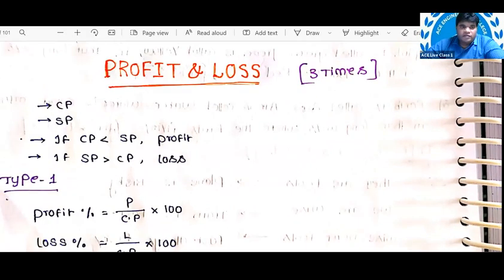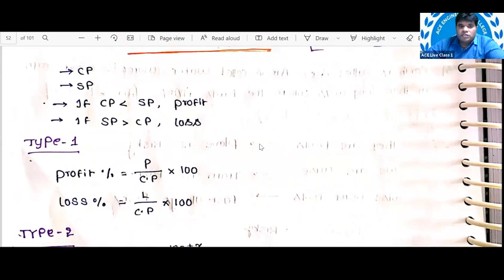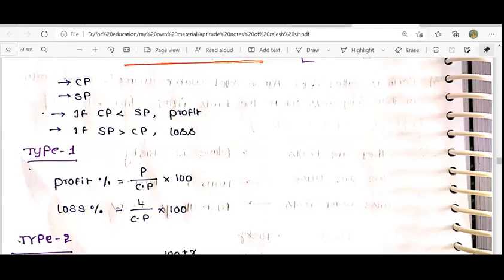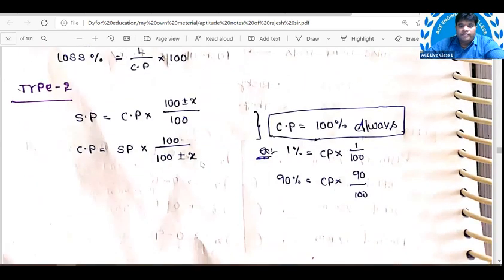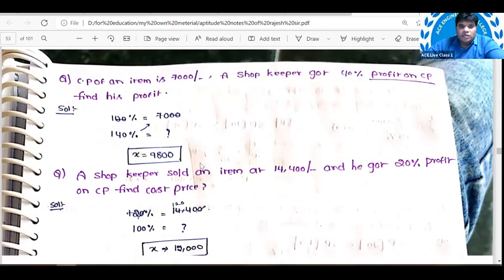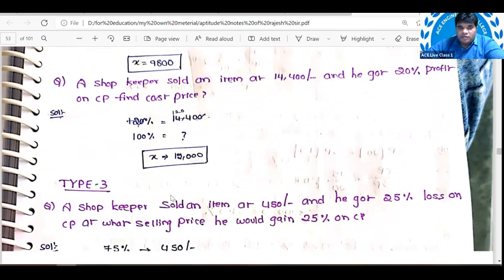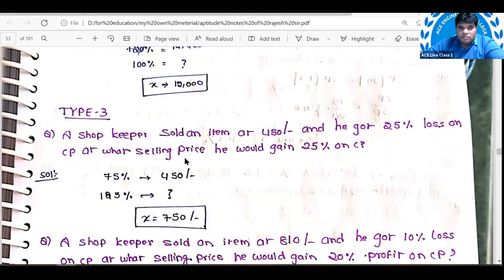Look here, all of you friends. Profit and loss classroom notes. Girija, is it visible? Yes, sir. Type 1, same concept. Type 2. Type 3, 75%, 50 answer. Examples.